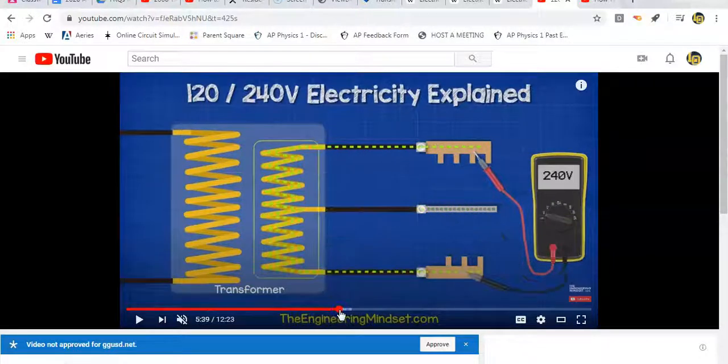If you do the other side, 120 volts. But if you go across these, now you're getting all of these turns. So if you remember, in this transformer, the number of loops matters. When you're using from here to here, it's double the number of loops, so double the voltage.